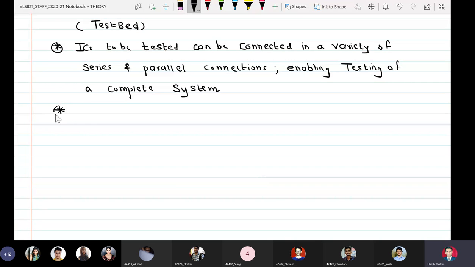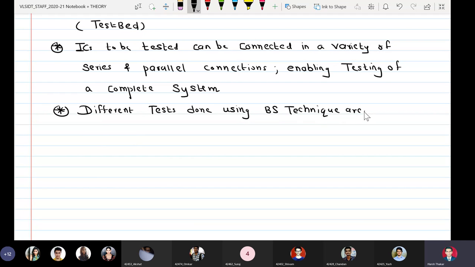And the different tests which can be carried out using boundary scan technique are: sampling inputs and outputs, that is called reading, or it is also called observability.